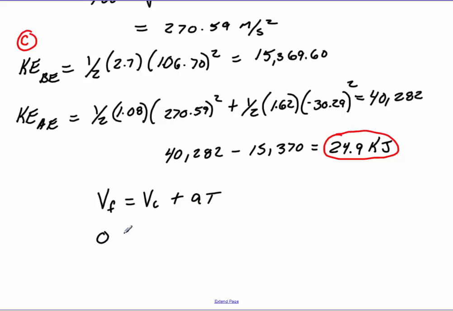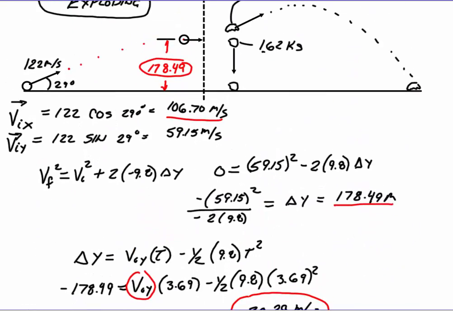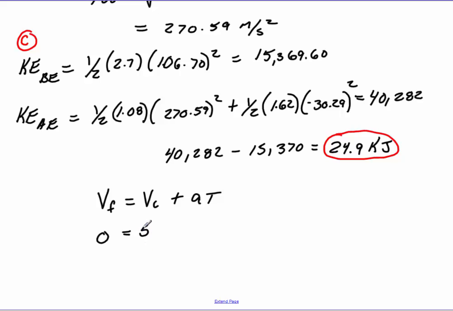We know at the top it was 0, and our initial velocity was 59.15, minus 9.8 times T. So run that number real quick. 59.15 divided by 9.8 gives me a time of about 6.036 seconds.